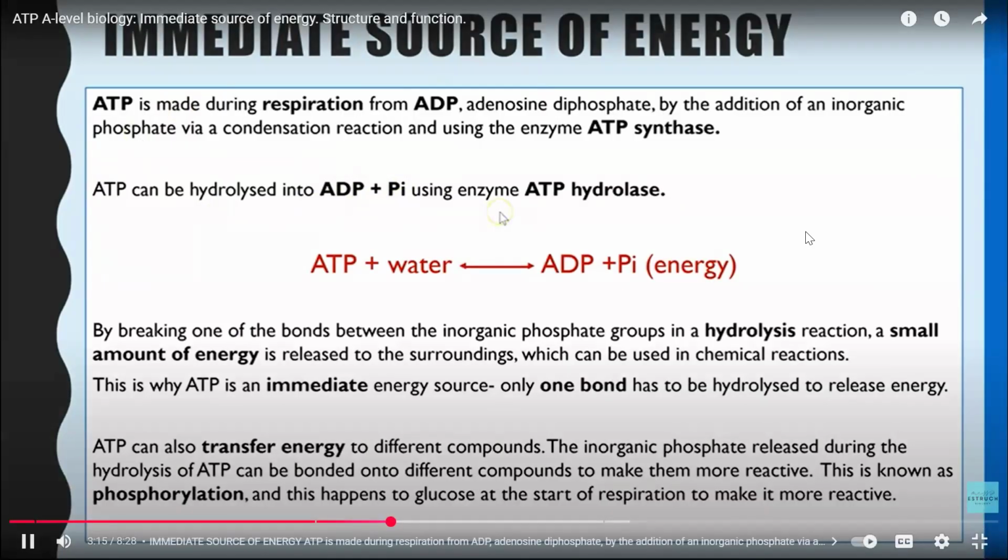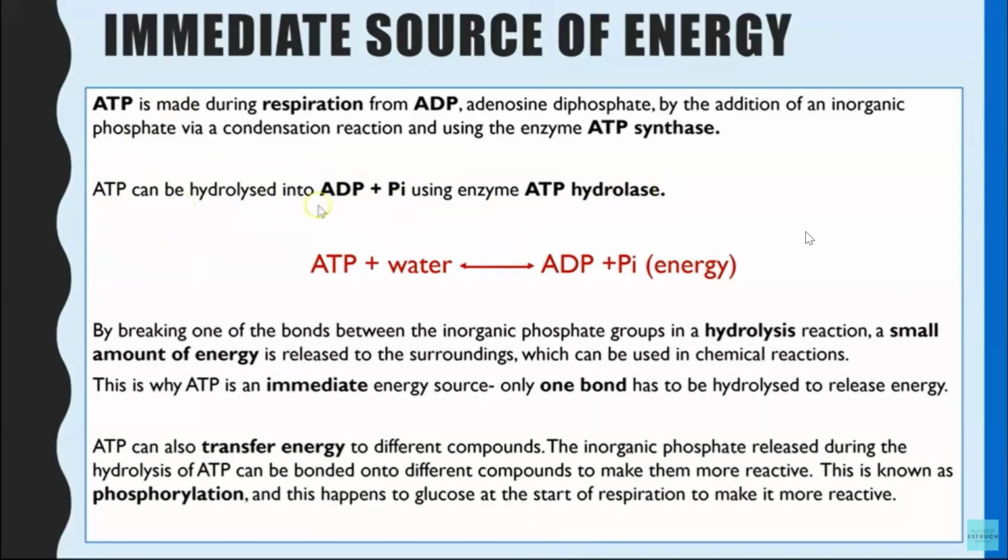And this also needs an enzyme, and it's ATP hydrolase, and this is the step where you do get a small amount of energy being released when that bond between the phosphate group is broken or hydrolyzed. And it's described as an immediate source of energy because in order to release that small amount of energy, only 1 bond had to be hydrolyzed, so you get this energy very, very rapidly.